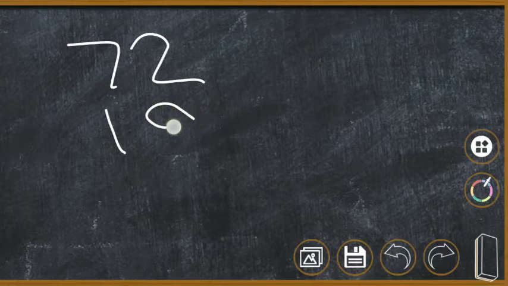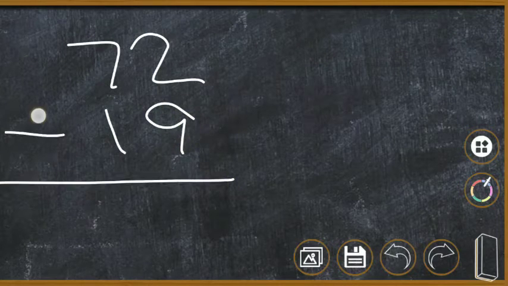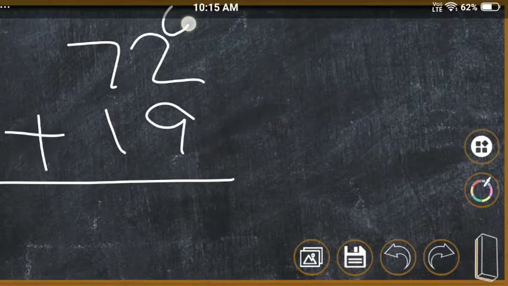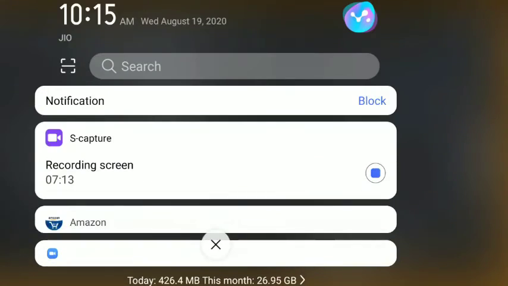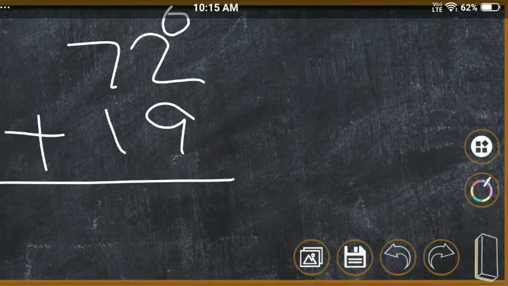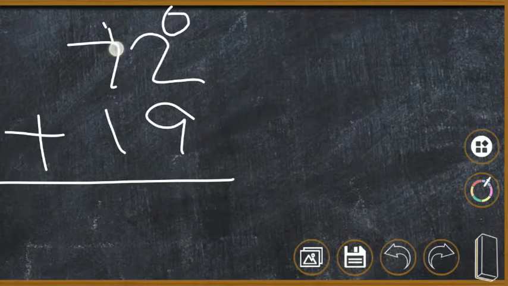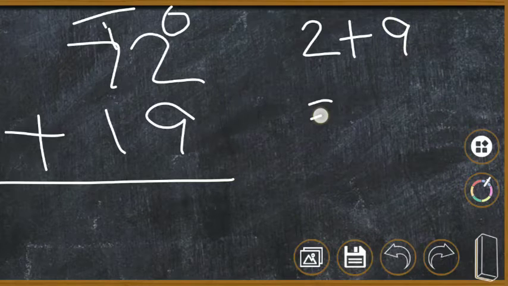Now 72 and 19. You have to add these two numbers. This is the ones place and this is the tens place. First, in the ones place, 2 plus 9. Keep the biggest number in your mind and add 2.